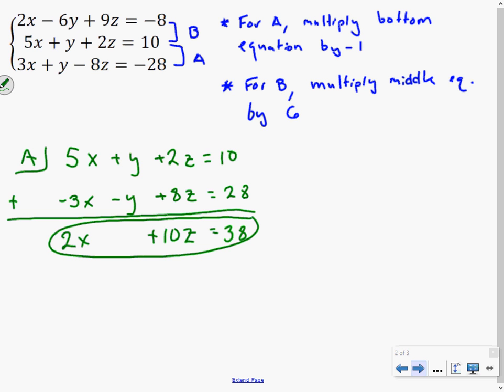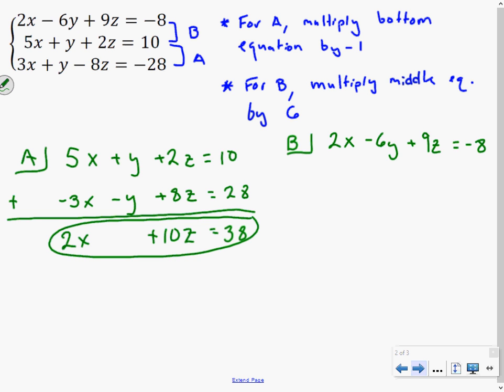Now we're going to do the same kind of thing, but for B. So we're going to take the top equation and the middle equation and do elimination. And remember we said we were going to multiply that middle equation by 6. So let's do that as we go.